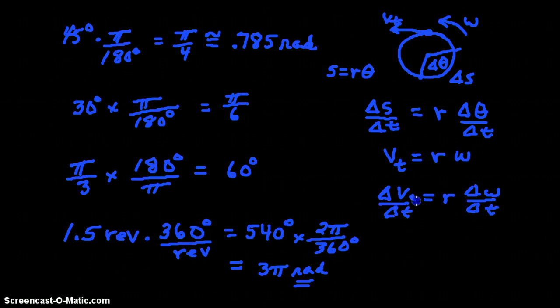This is the v tangential. So this is the tangential acceleration. And then they define the change in angular velocity per time as angular acceleration. So I'll have to continue this in the next video.